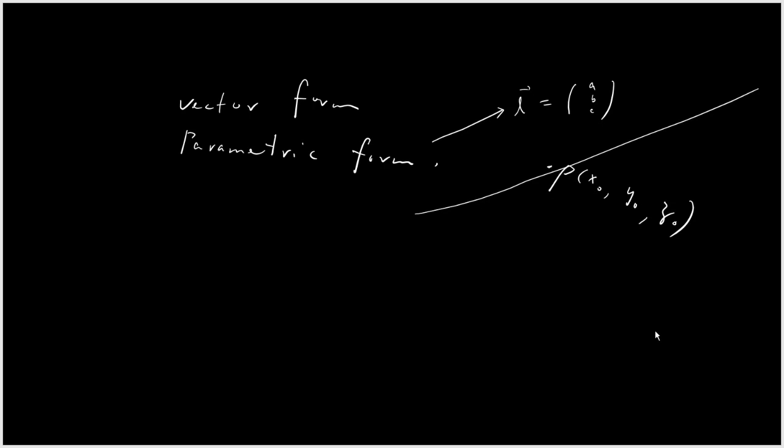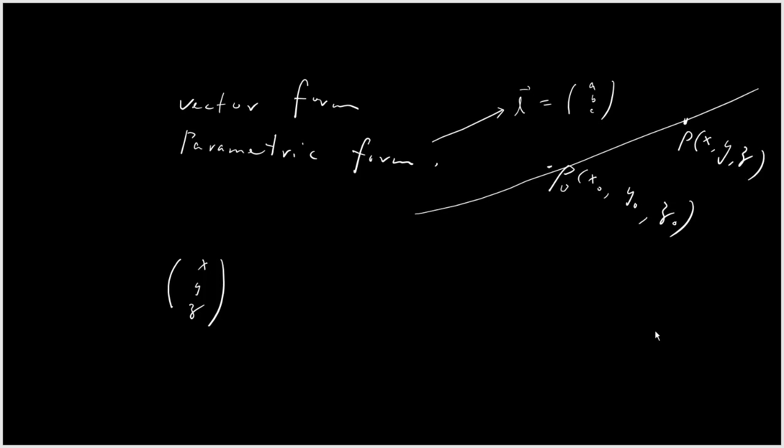Okay, to help you memorize, I'm going to write the equation here. The vector form is, on the left hand side you have x, y, z. X, y, z is actually coming from an arbitrary point P on the line, with x coordinate of x, y coordinate of y, z coordinate of z.